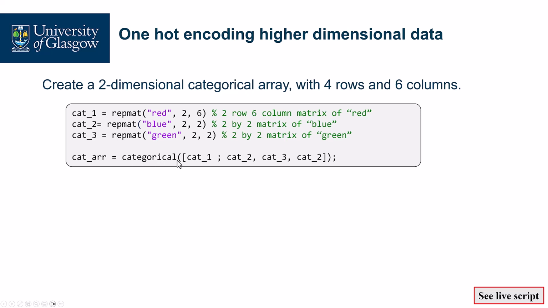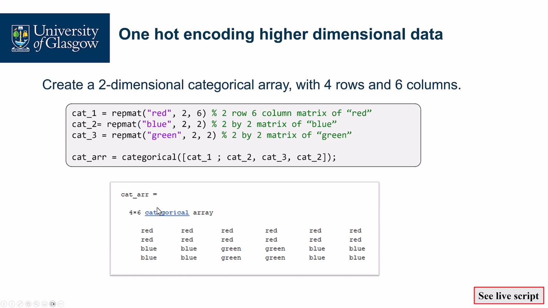Then I put categorical on it to make it a categorical array. We call it cat underline array. This is the cat array we generated, 4 by 6. Red is the first two rows, blue is here, green is here, and blue also here, right? This is the cat array that we want to carry out one-hot encoding on.